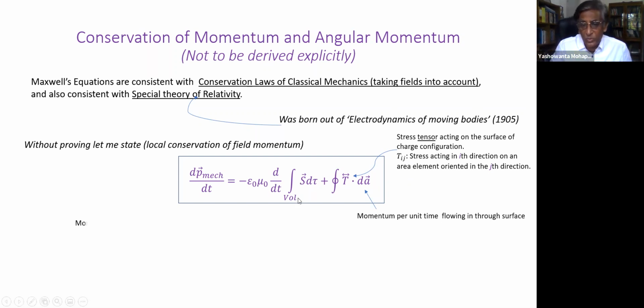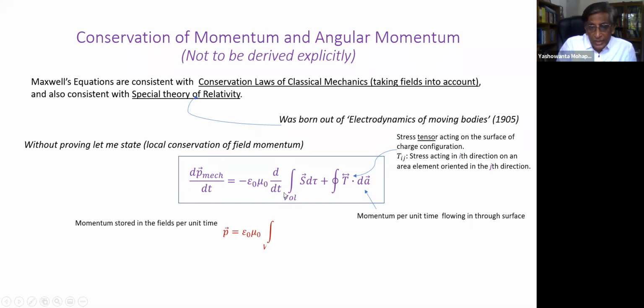And then this other quantity you can recognize as the momentum stored in the fields, per unit time. This is momentum flowing in, and this is the rate of change of momentum. Those are the two sources of force: one is because of stress on the surface, and the other is the rate of change of momentum stored in the fields that is being spent in producing this force.